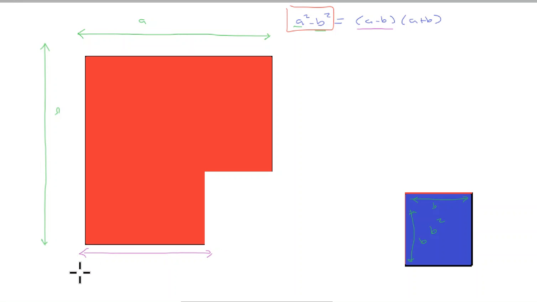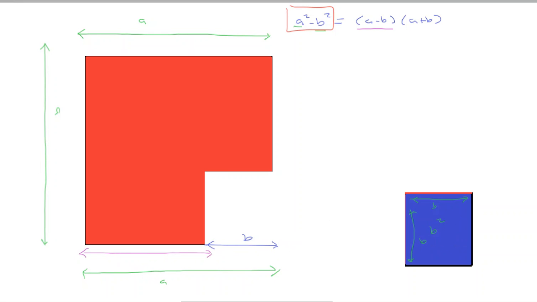If you go from here right to the end, that's a. Then from here to here, that's b, the square that we've taken off.